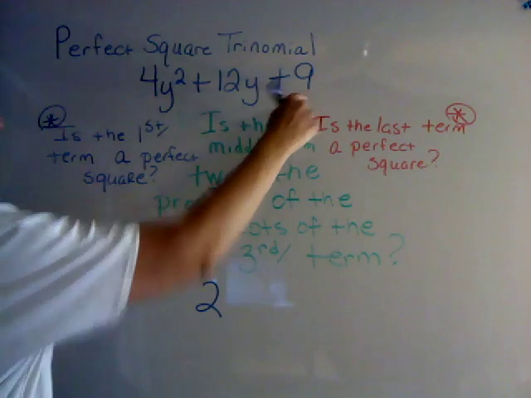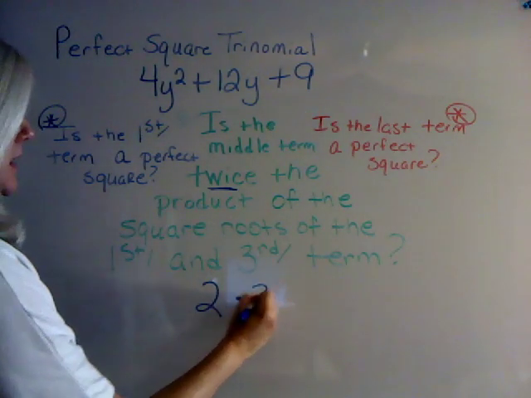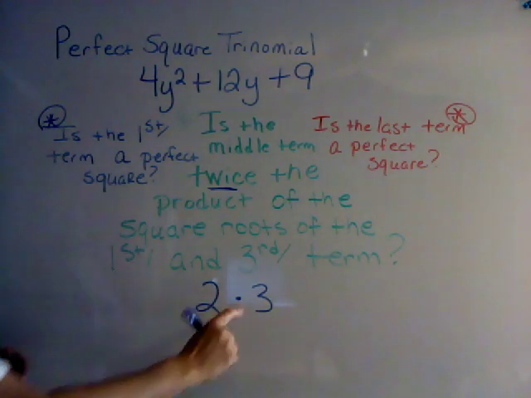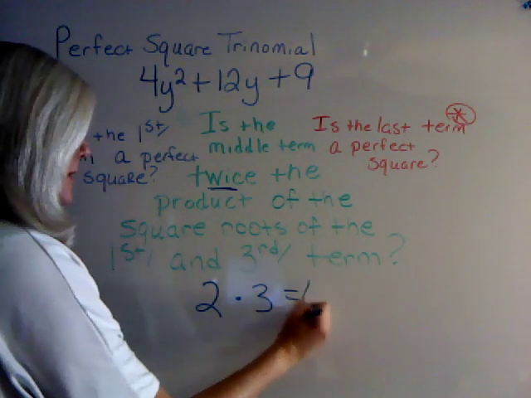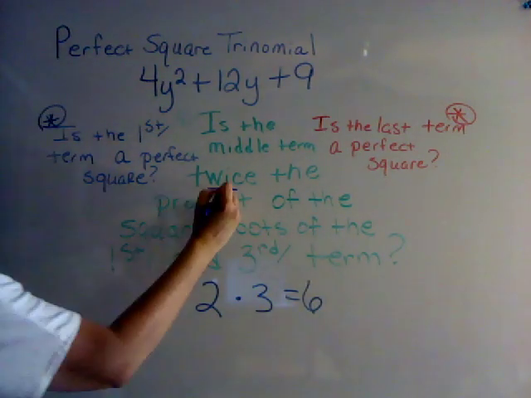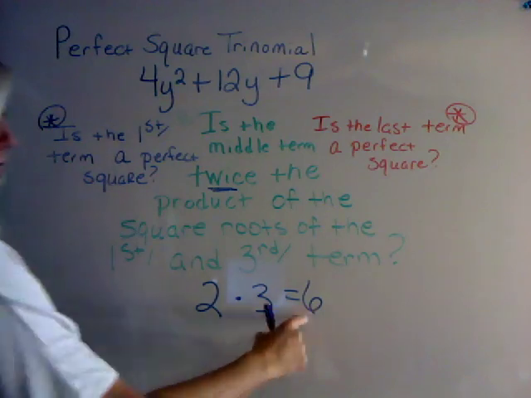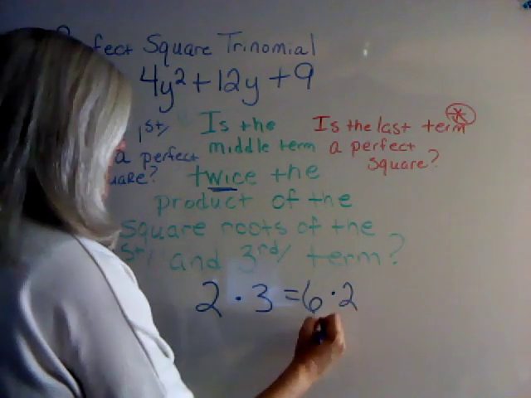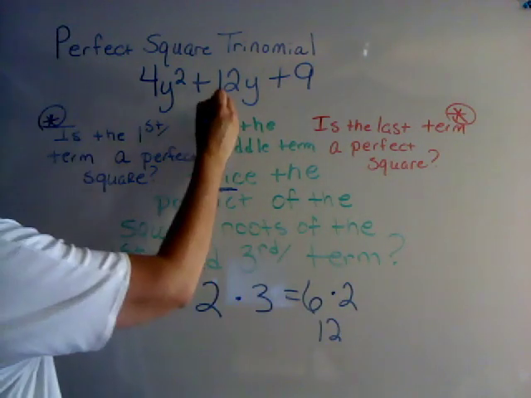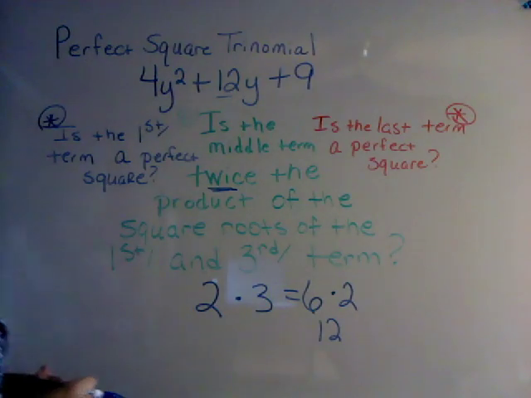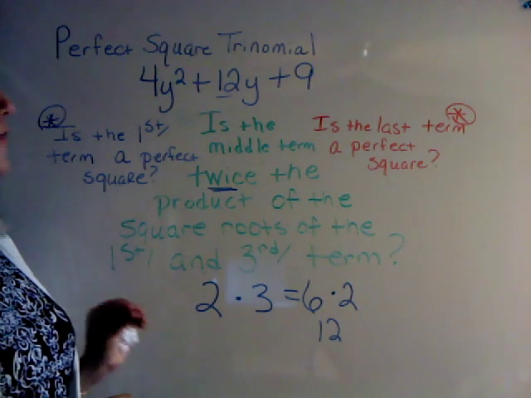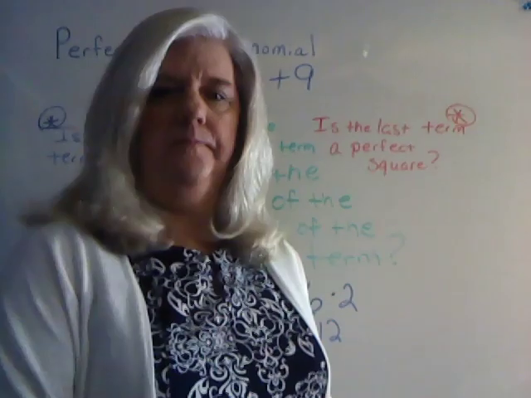What is the square root of 9? 3. It says to use the product. So 2 times 3 would give me 6. And then I need twice the product, and 6 times 2 is 12. And that does give me my middle term. So I know that this is a perfect square trinomial.